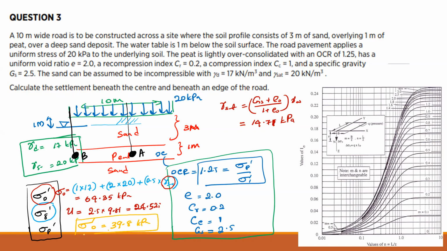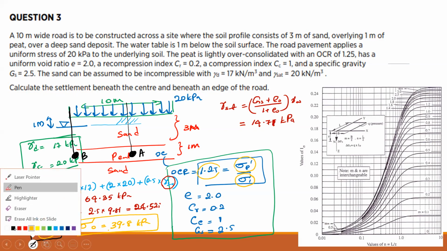That's good. Okay, now you can easily find this because they have given you the OCR. So OCR is this one. This is the one that you found now. This is given. So how do we find this? Just what we just found times 1.25. Yes.